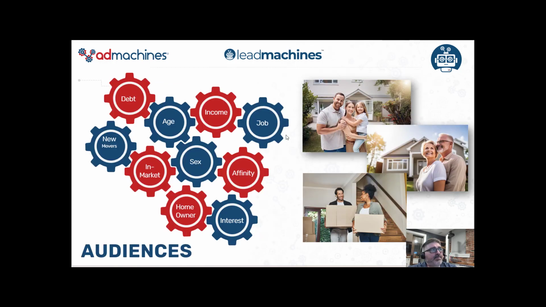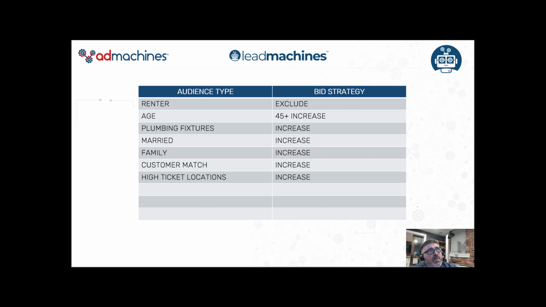Audiences. On the audiences, I'm going to exclude renters. I'm going to target people over the age of 45. I'm going to spend more on people over 55 because historically, I have a much higher conversion in a higher age limit. Plumbing fixtures, we're going to increase bids on plumbing fixtures.